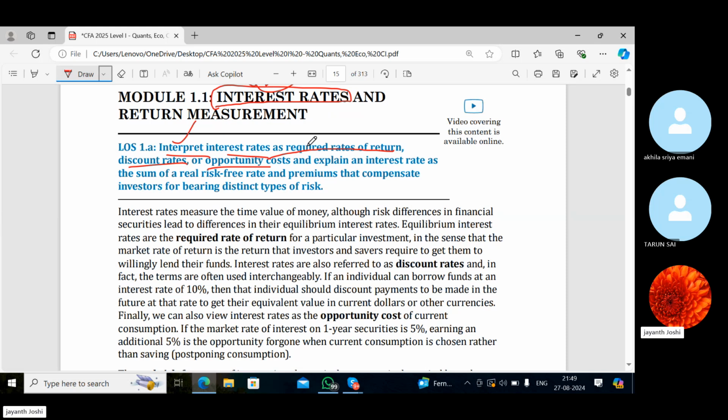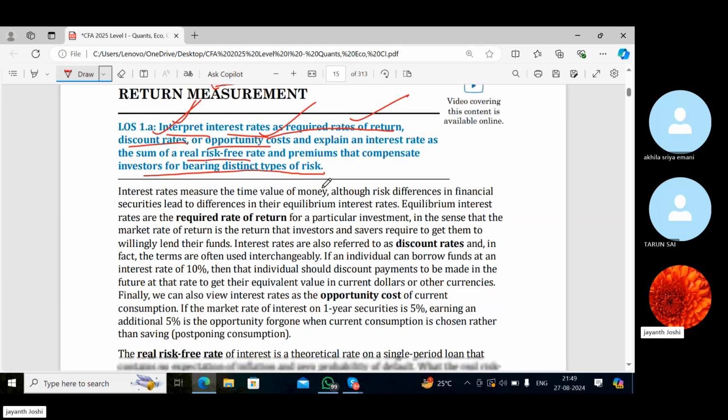They are saying to interpret interest rates as either required rate of return, discount rate or opportunity cost, and to explain an interest rate as the sum of the real risk-free rate and premiums that compensate investors for bearing distinct types of risks. So this is what they're asking.